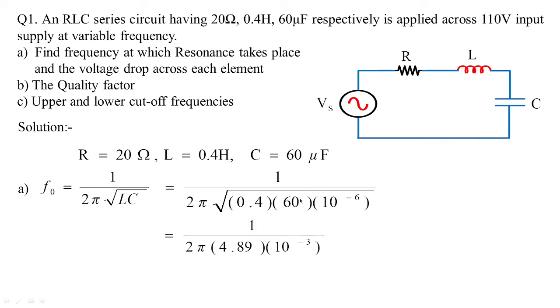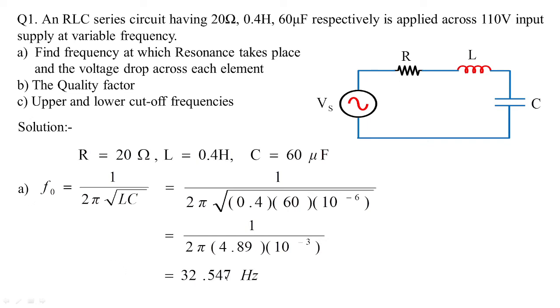So this term under the root, it is going to obtain as 4.89 into 10 to the power of minus 3. And this particular numerical can be obtained to be 32.547 hertz. So this is the resonant frequency. So I have taken here 32.547 hertz because in depth when you apply 32.5 as one value for resonant frequency, you can see the phenomenon of resonance.